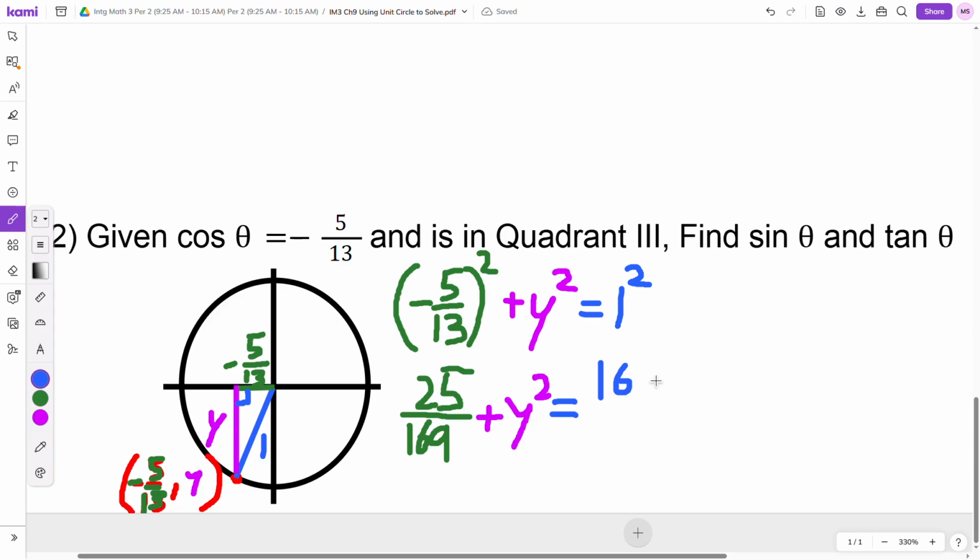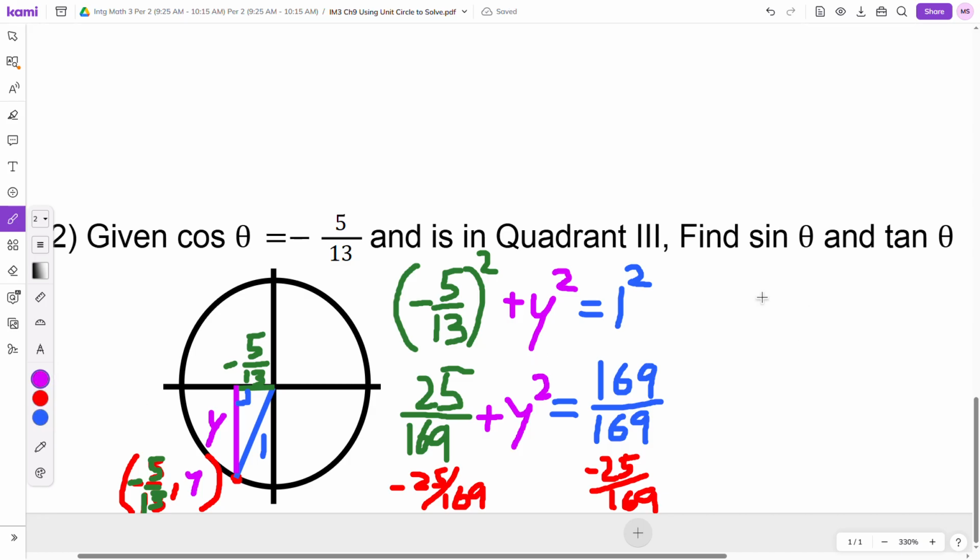And maybe you can see why I want to do it that way. Because when I subtract 25 over 169 from both sides, I want that to be an easy calculation. And that's exactly what I'm going to do right now. I'm going to subtract 25 over 169 on this side and subtract 25 over 169 on that side.